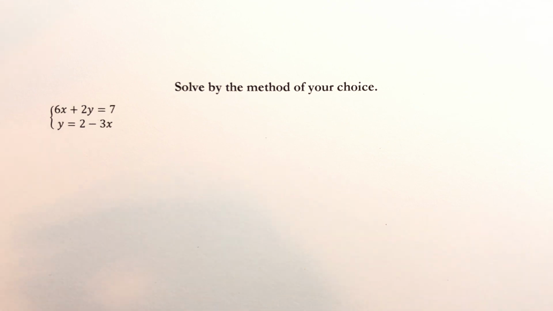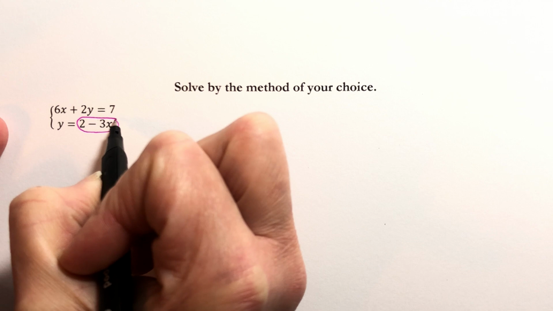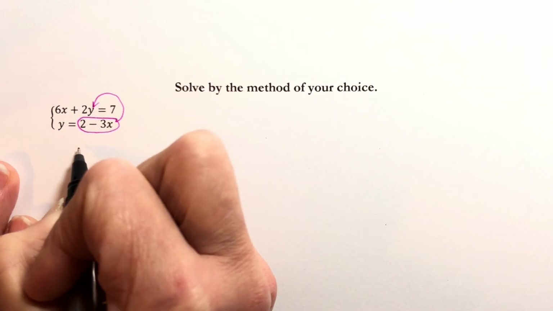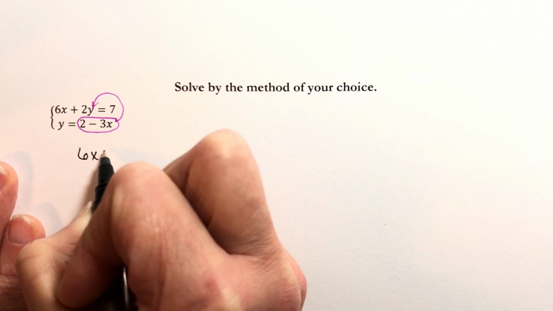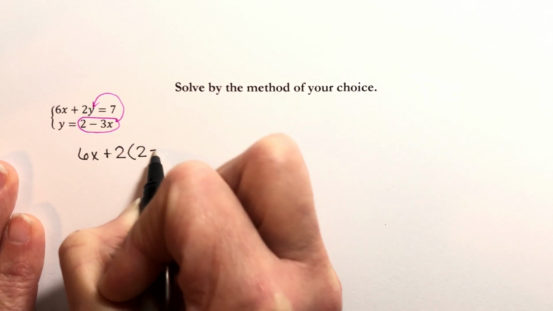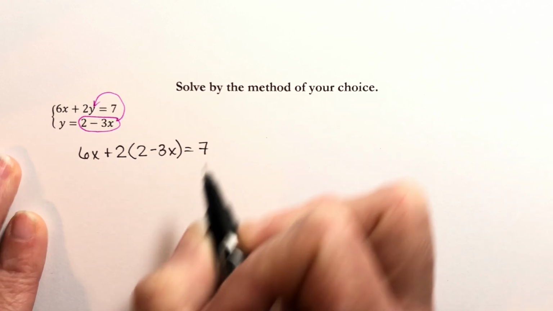Okay, so since that's set up for substitution, I'm going to take all of this and plug it in for this y value right here. So that would be 6x plus 2 times 2 minus 3x is equal to 7.